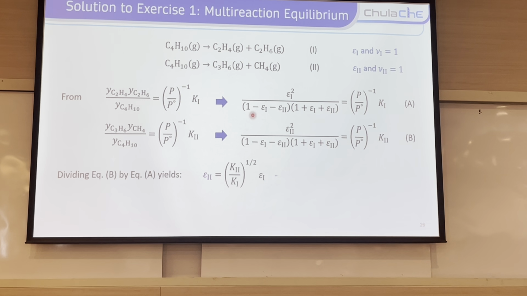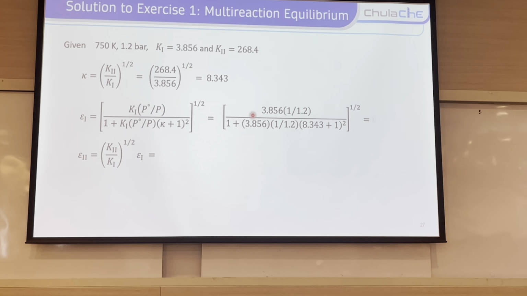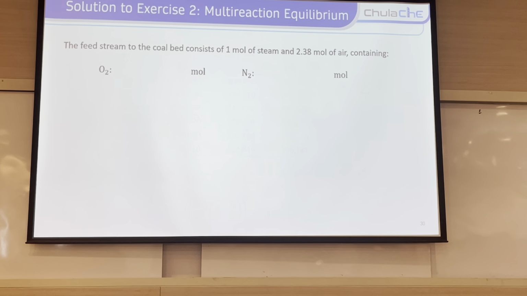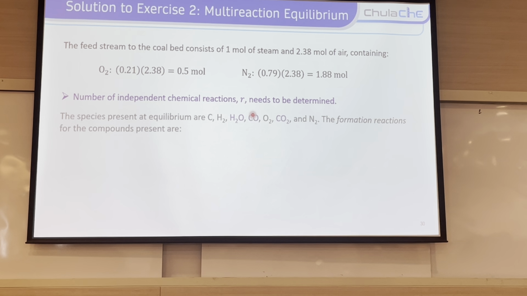So in the exercise, the step that you have to start with when using the equilibrium constant method to solve the multi-reaction equilibrium is to determine what chemical reaction, or how many chemical reactions, occur in the system. The procedure to do that is to start by writing the formation reaction of the compounds.